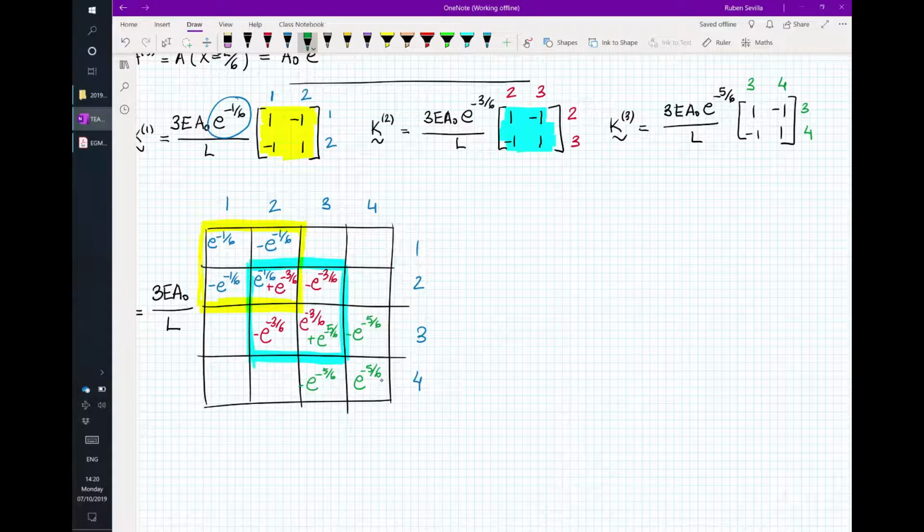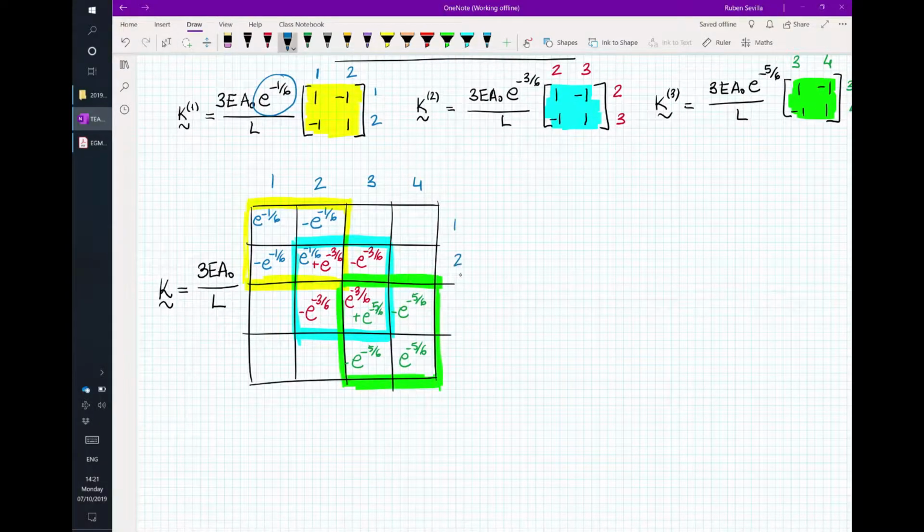Okay. And let's use another color, green, for the last one, which goes into these positions. Is it correct? Yeah? Perfect.